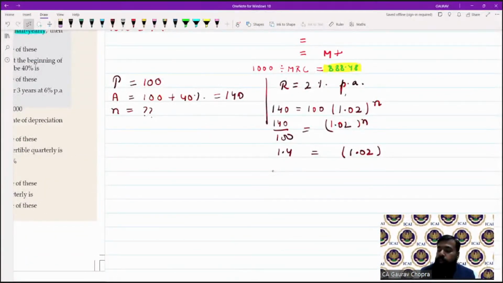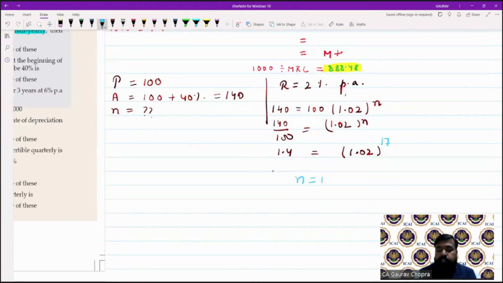So 1.02 on the calculator, press multiply and then equal to. Equal to is giving you the square. Then power 3, 4, 5, 6, 7, 8, 9, 10, 11, 12, 13, 14, 15, 16, 17. At power 17 your result is coming 1.40. When I pressed equal to 16 times, that means power 17, and at power 17 I am getting 1.40.